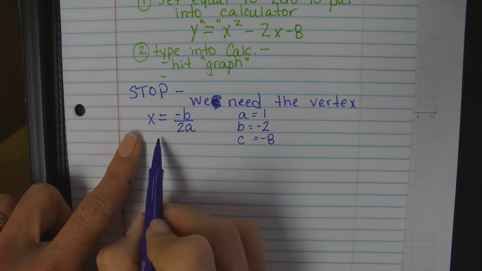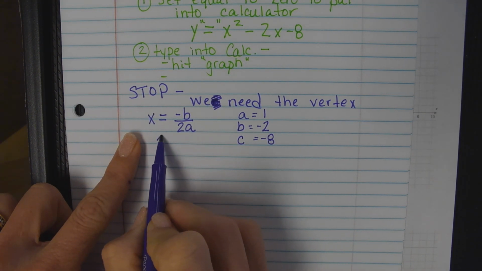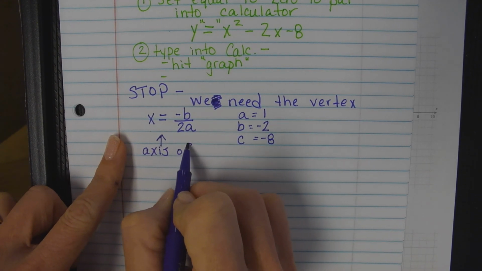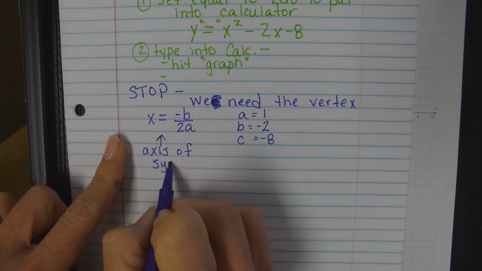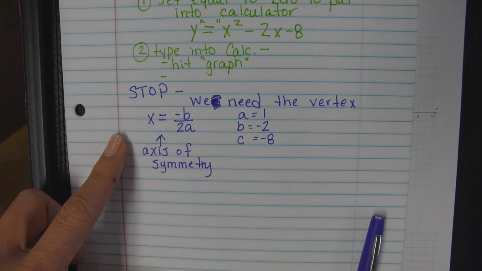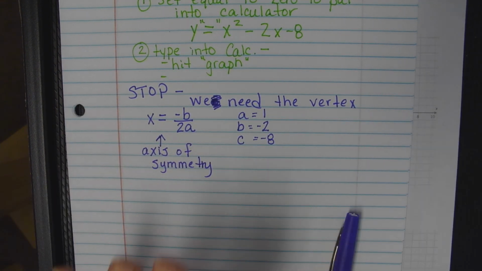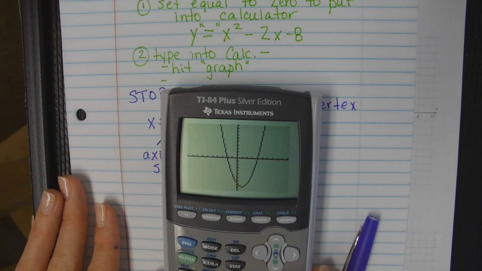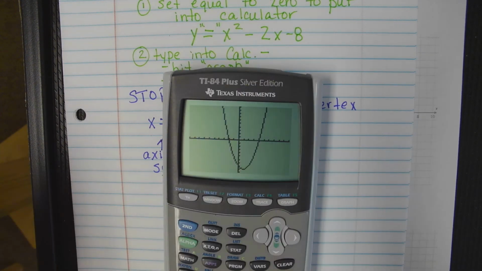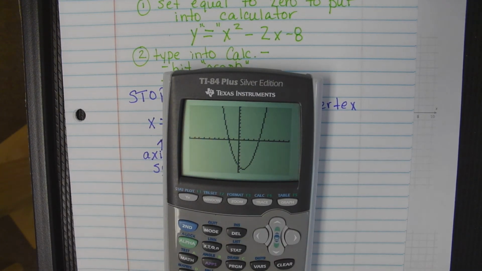This here is your axis of symmetry. If you take this graph here, the axis of symmetry is literally where you fold the graph in half because it's symmetric.